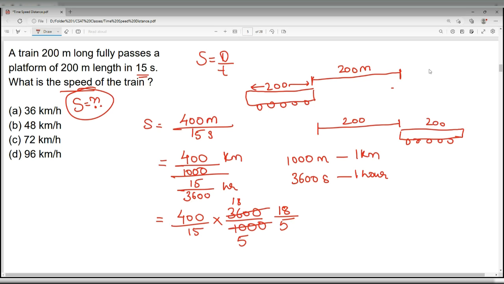So this is 400 by 15 into 18 by 5. You can simplify this. 3 5s are 15, 3 6s are 18, and then 5 8s are 40 and 80. This is 96. 16 6s are 96, and the answer is D.